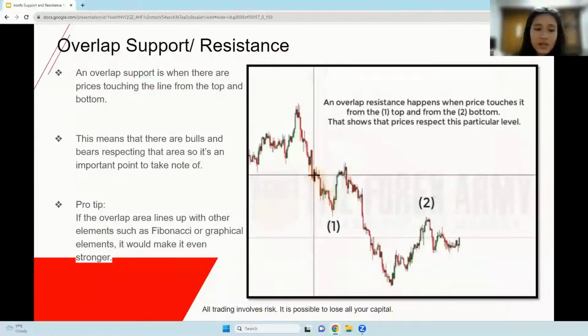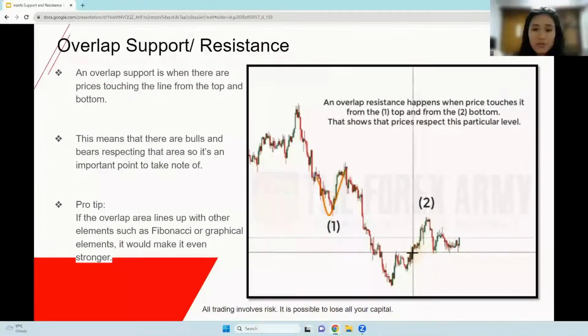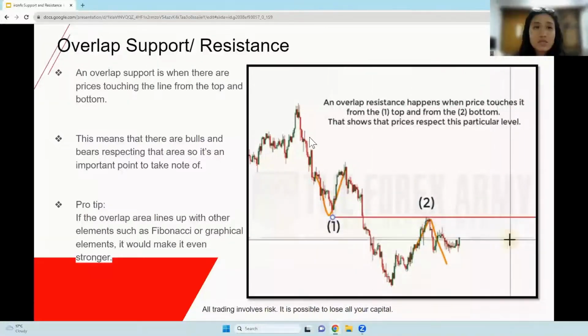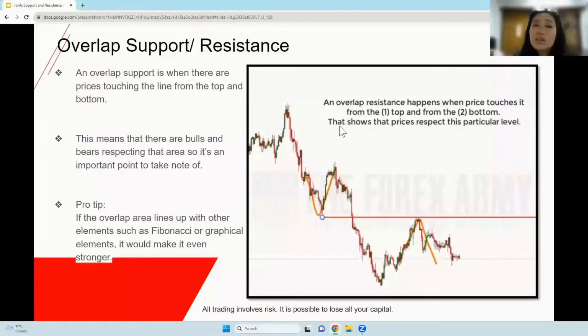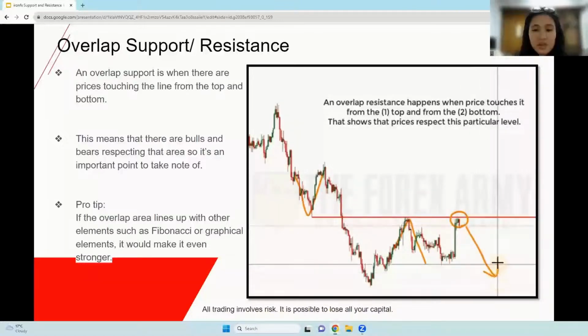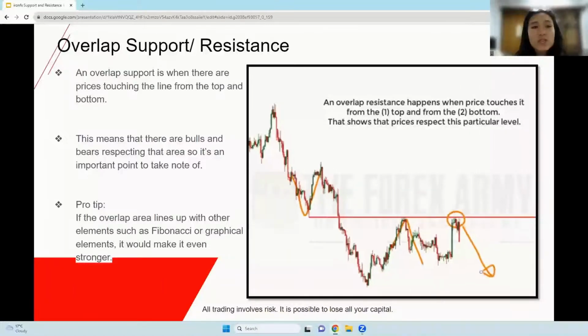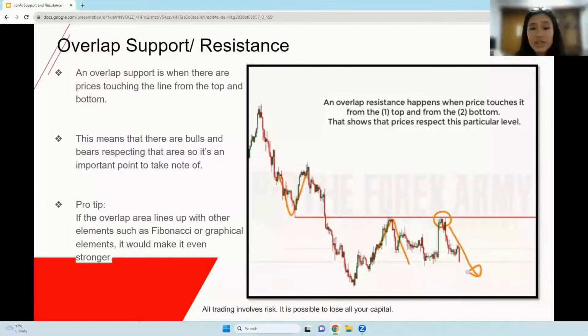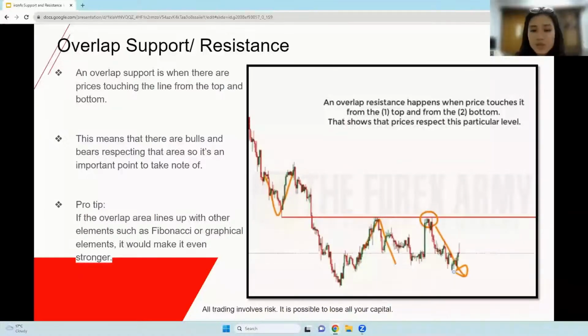Next we have the overlap support and resistance. An overlap support occurs when price touches the line from the top and from the bottom. The more times that it reacts off of that area, the stronger the level is.